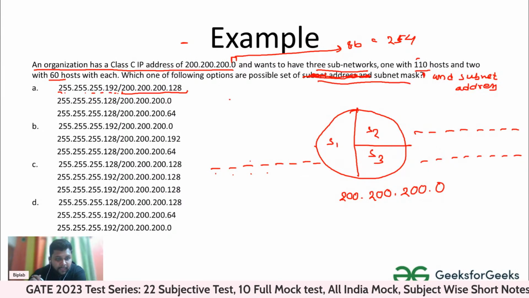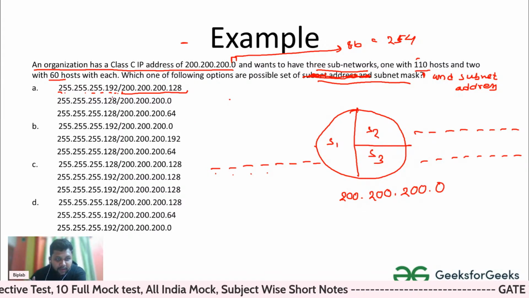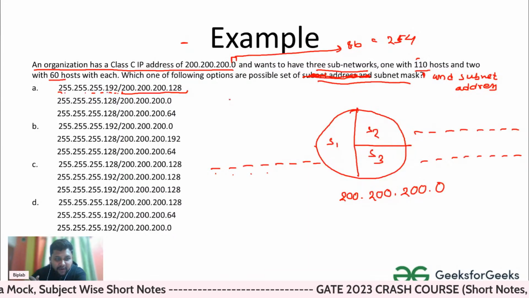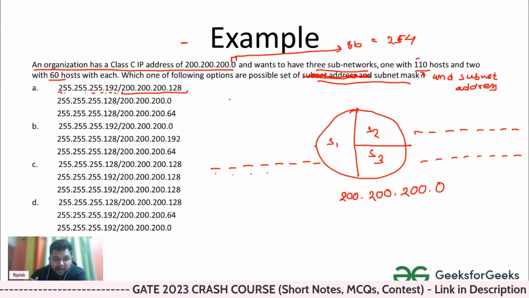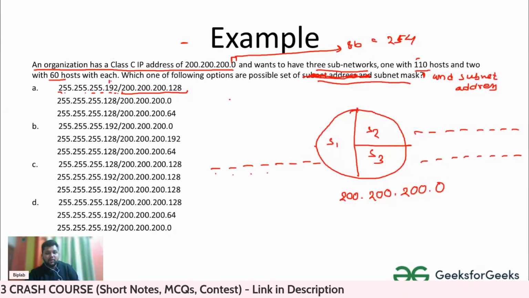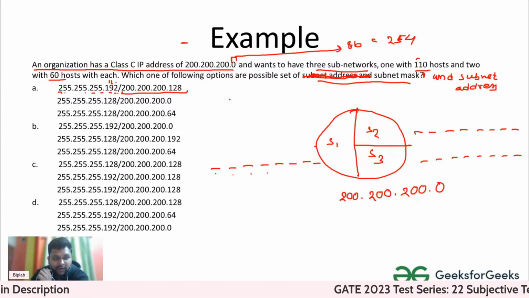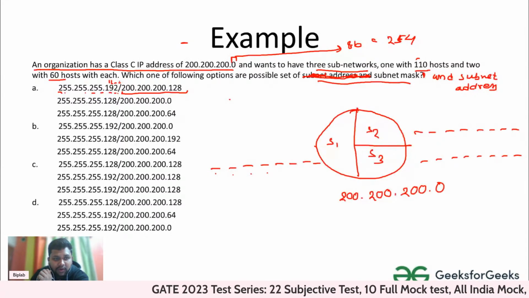Now look at the first one. It is given that subnet 1 will have subnet mask as 192. That means the first 2 bits are used for the subnet mask. That means how many bits are left for host ID? Only 6 bits.